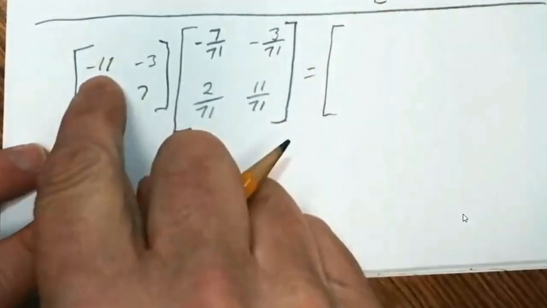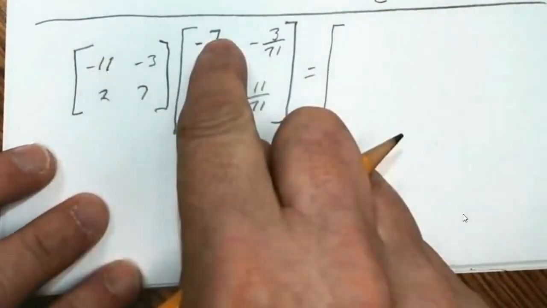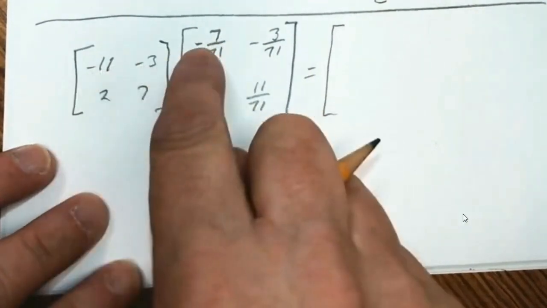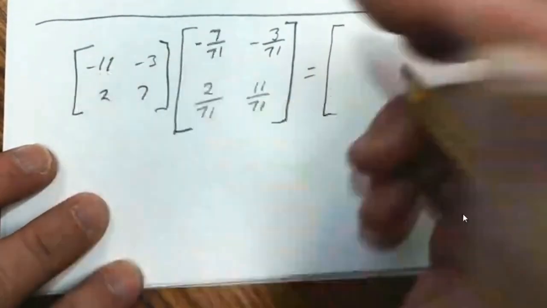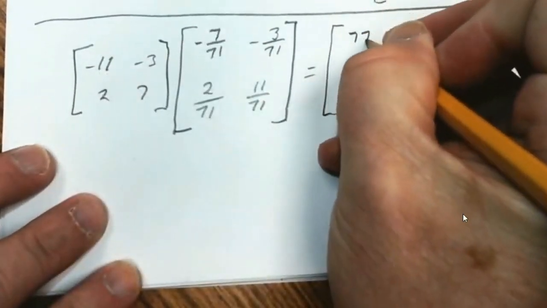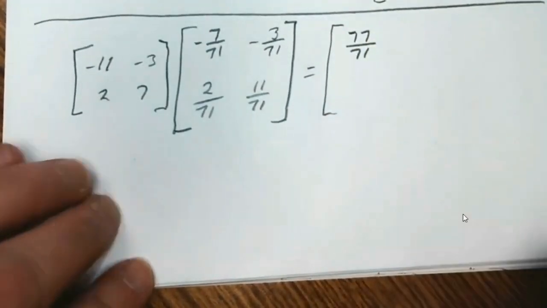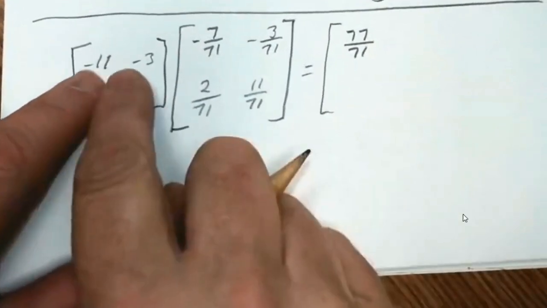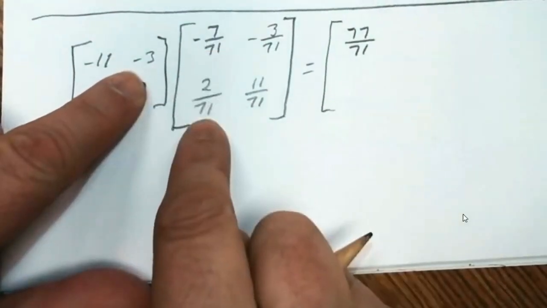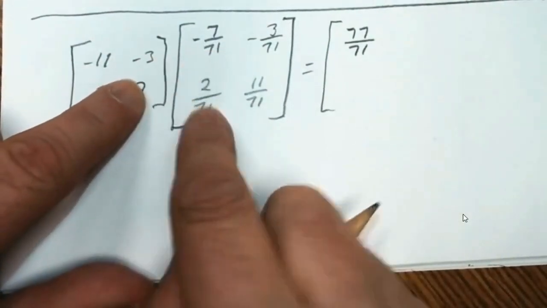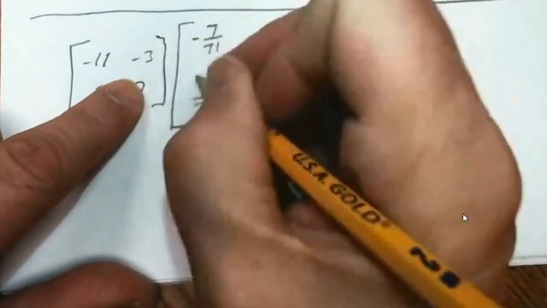Remember, all we have to do is multiply the top. Negative 11 times negative 7. These are negative times a negative, so this is a positive, right? So that's 77/71. Okay, a little weird, but that's all right. Then the second number times the second one in the column, negative 3 times 2. So we're adding that, but it's a negative.